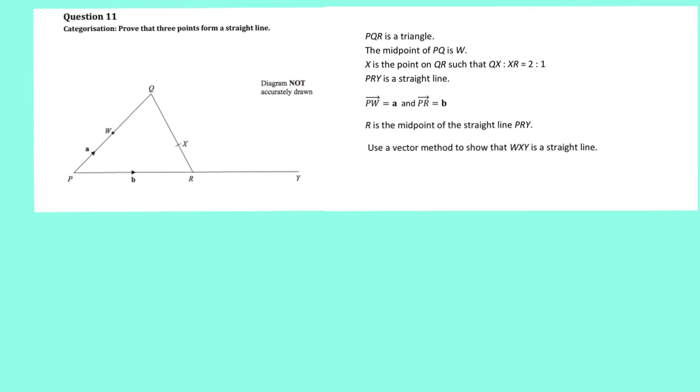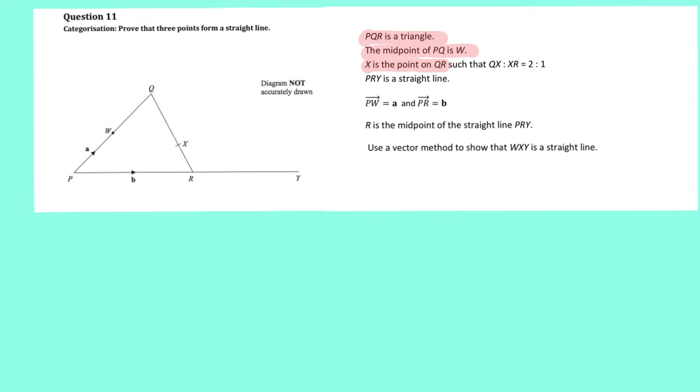In this question, we are told that PQR is a triangle. We're also told that the midpoint of PQ is W. We're also told that X is the point on QR such that QX to XR is 2 to 1. In other words, QX is twice as big as XR.